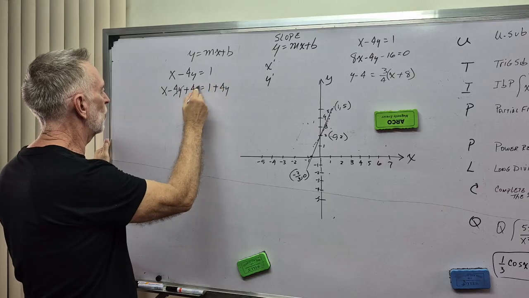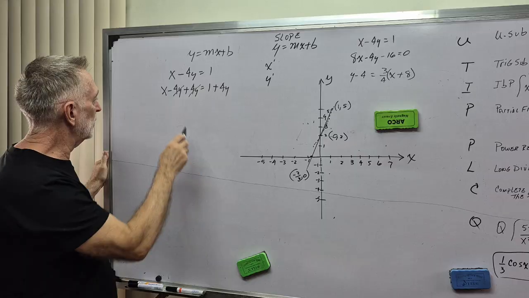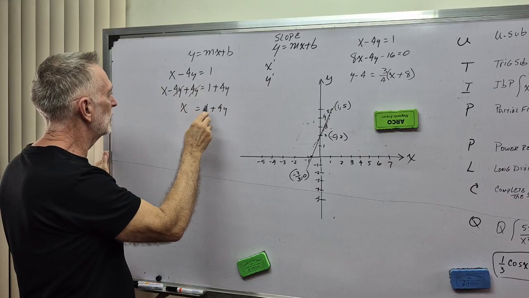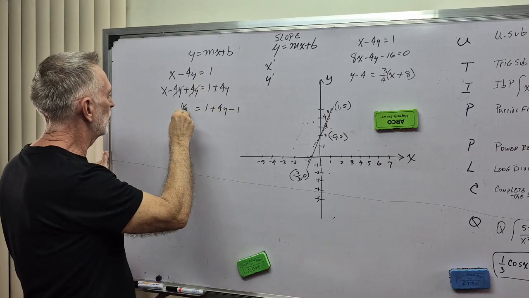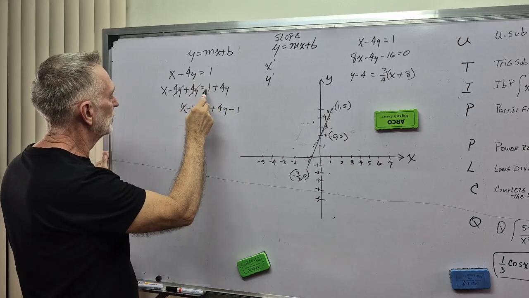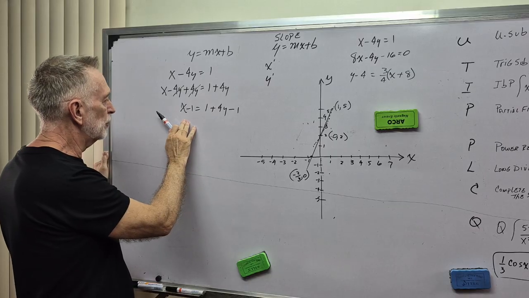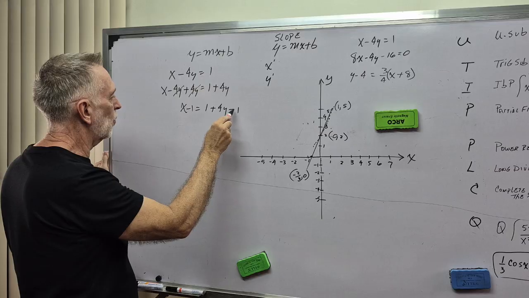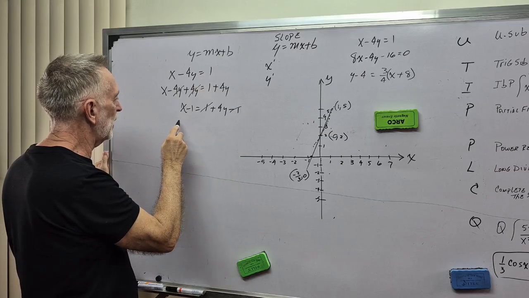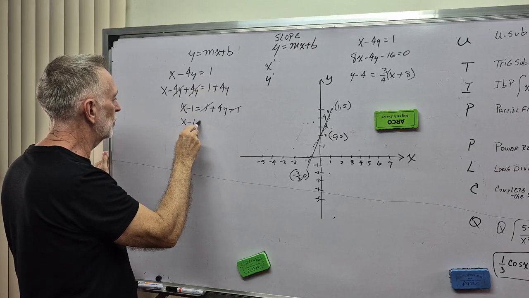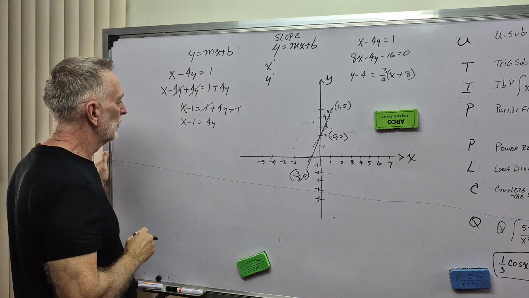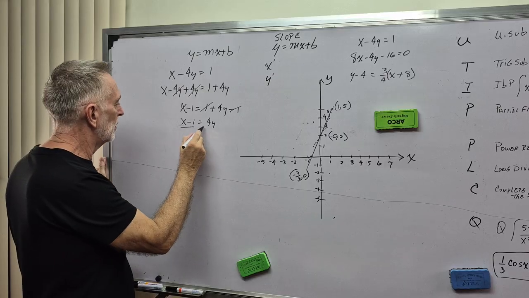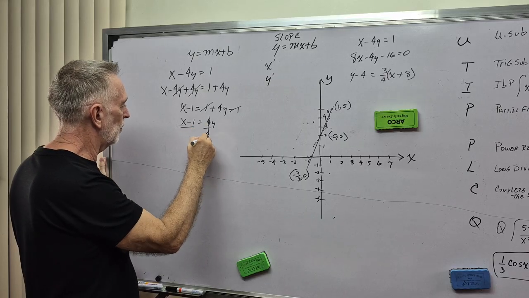So negative 4y plus 4y, those cancel. So I have x equals 1 plus 4y. I'm going to subtract 1 from both sides. What you do to one side, you have to do to the other side. So this 1 plus 4y minus 1, the 1's cancel. So x minus 1 equals 4y. Now I divide both sides by 4 to get rid of that here.